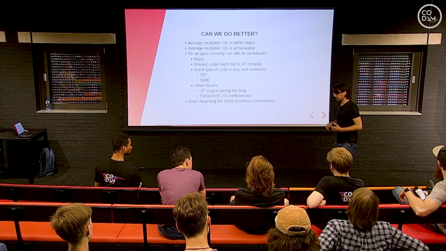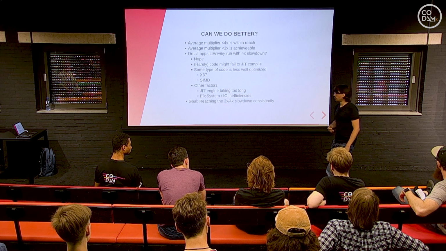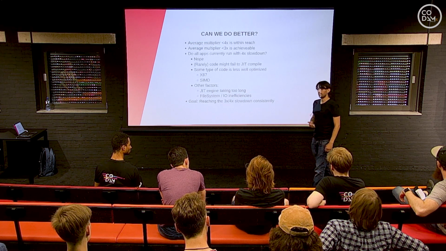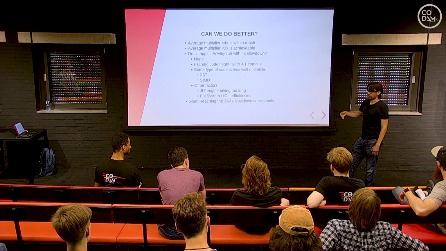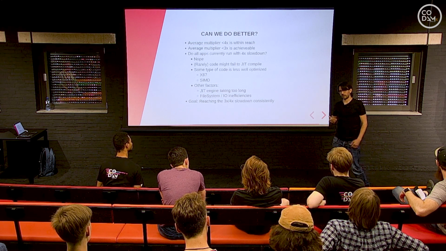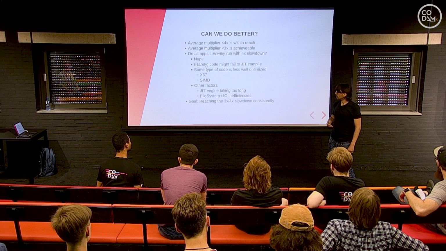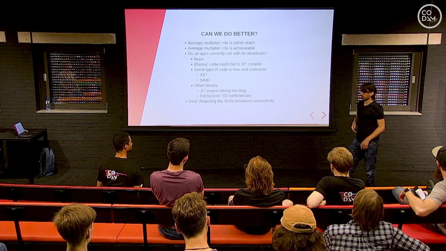But it might even be that the application goes slow not because the code is not of sufficient quality, but because there are other overheads. For example, it may be that the JIT compiler itself is taking too much time. Remember that JITting is an investment. You need to make good investment decisions there. So it may be that we need to fiddle with the heuristics that we use to decide when to compile something, or it might be that we simply need to optimize the JIT compiler itself so that it does not consume as much time.